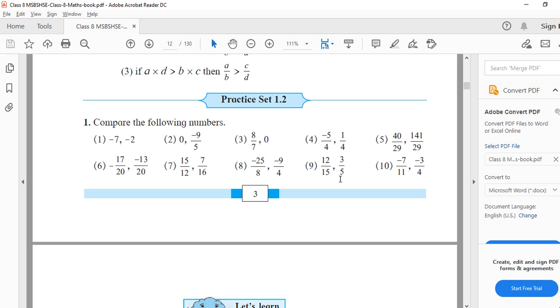If you do not get the answer, you can comment the sum number in the comment section and I'll take it up. But I think you will get it, there should be no problem, because if you understand this 7th and 8th sum, you will have absolutely no problem. I can guarantee that. So let's start with sum number 7.